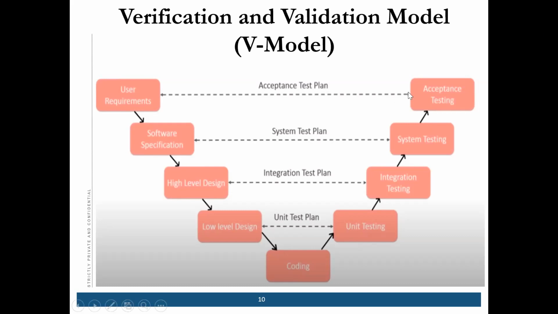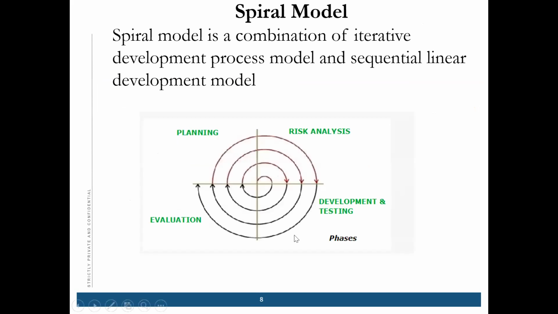What is iteration? Can anyone tell? I'm talking about iteration from the spiral model. It is iterative development versus sequential development.